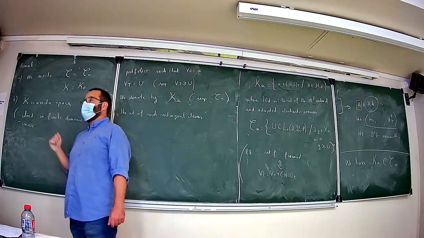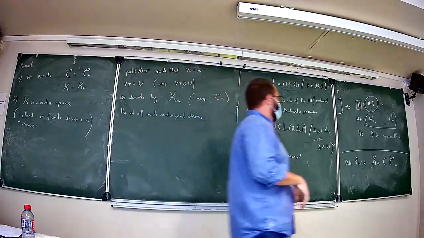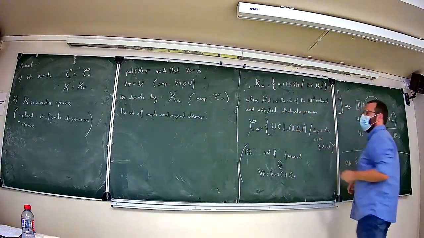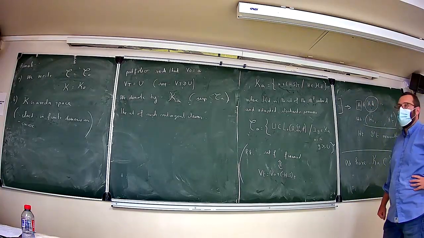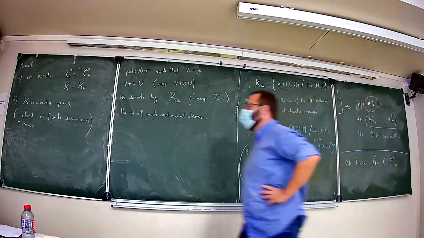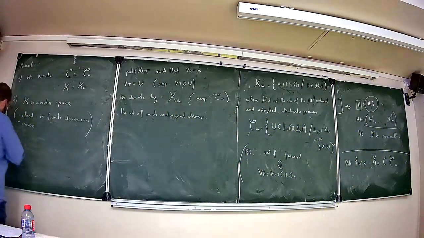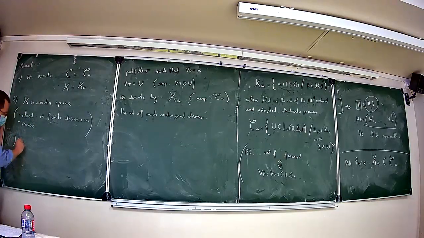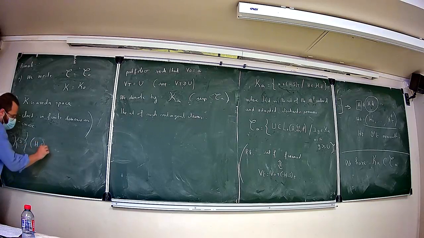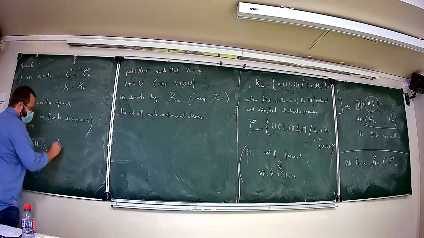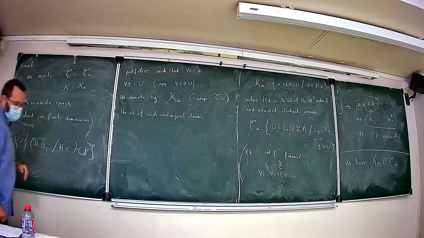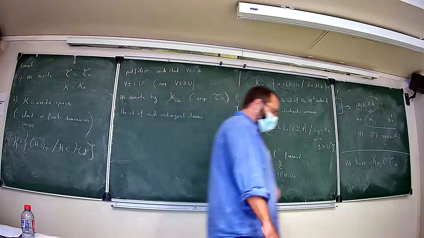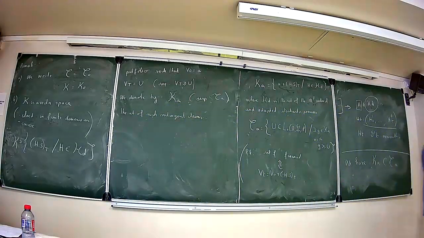Other question: why am I a vector space? Why does this definition of K, for small a equal to 0, give me a vector space? So I remind you that K is equal to the set of something like this, h·S_T, because small a is equal to 0, such that h belongs to the set of the stochastic processes that are adapted to the filtration and with values in R to the power d.